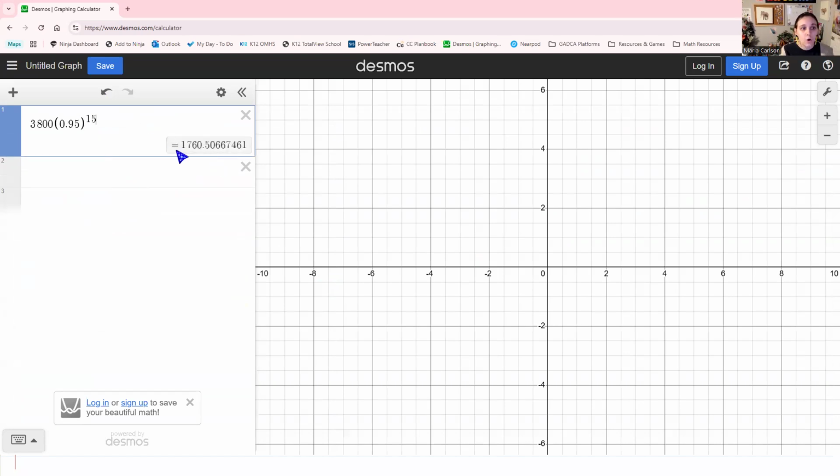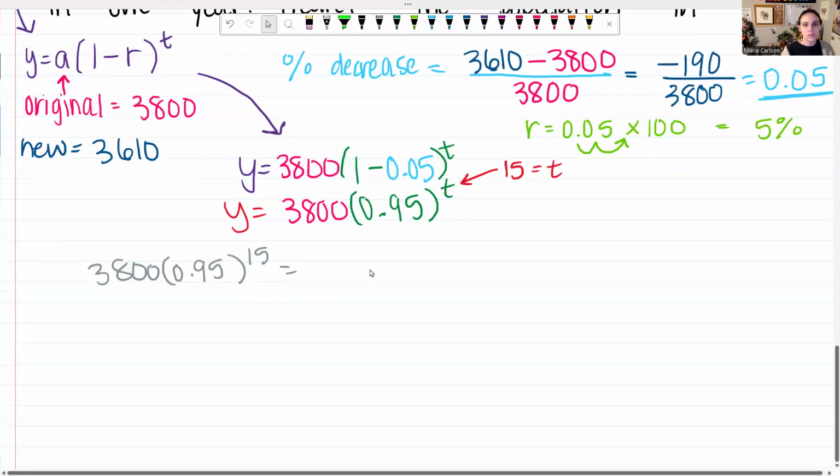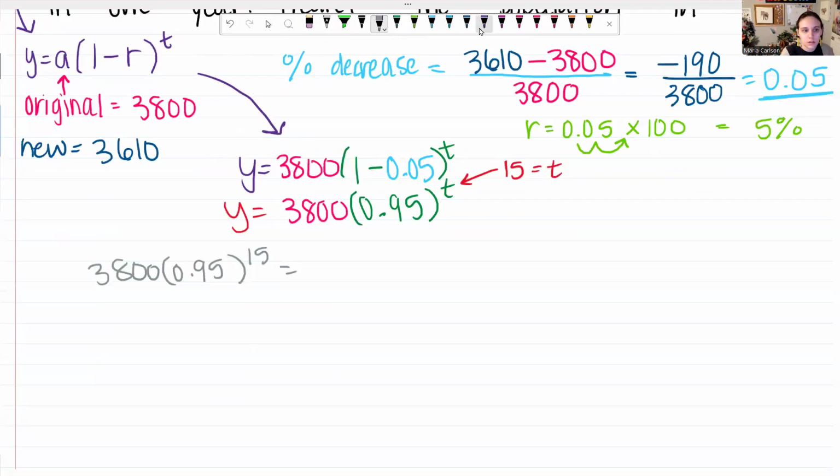We're going to have 1,760.5 armadillos. So if I'm rounding to the nearest whole armadillo, I could round up. So this is about 1,760.506 and so on. So that is about 1,761 armadillos.